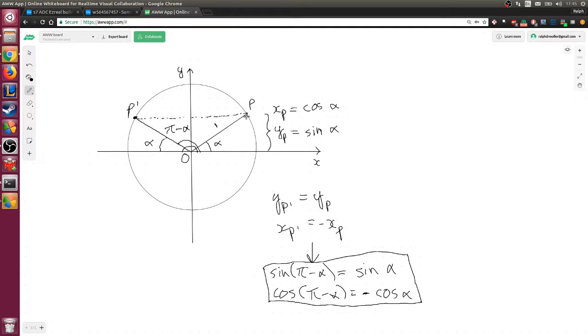So, for example, the point P here corresponds with this angle of alpha in this particular way that we've done it here. And that way you can just prove all sorts of trig identities, and you can even come up with your own ones. So that's a pretty neat thing to do.